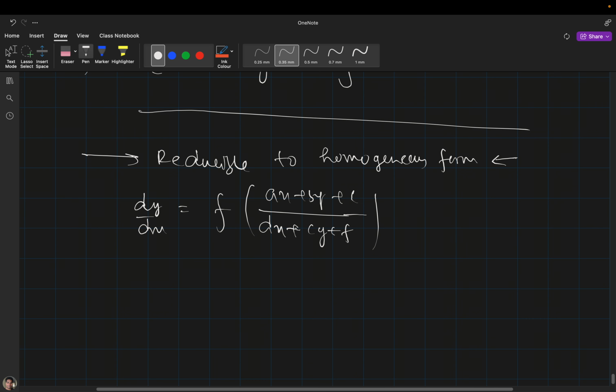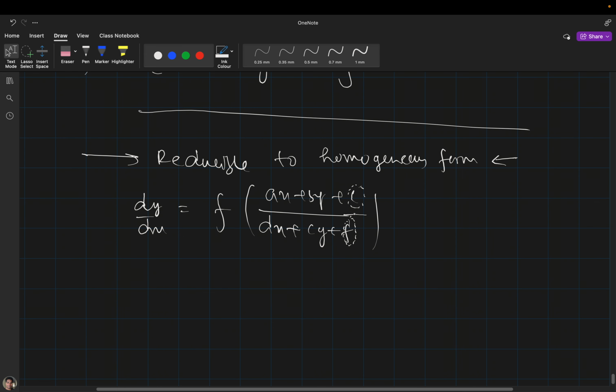Not homogeneous. Why? What is the problem? We are not able to get lambda to the power zero from this function, and that problem is occurring because c and f are there. If c and f are 0, then this is a standard homogeneous form.